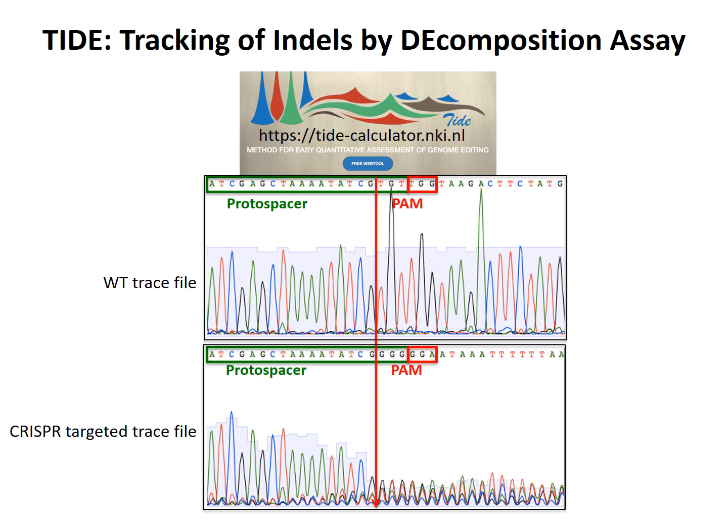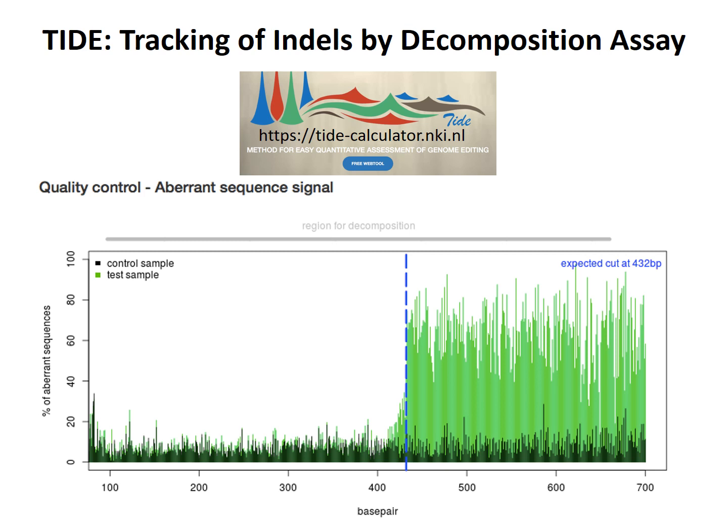And you can see that in the targeted population, the sequence mostly goes haywire immediately downstream of that. There's actually some editing even upstream of that, and that's indicative of deletions that are going 5' to the cut site.